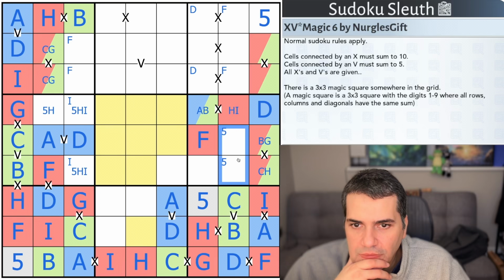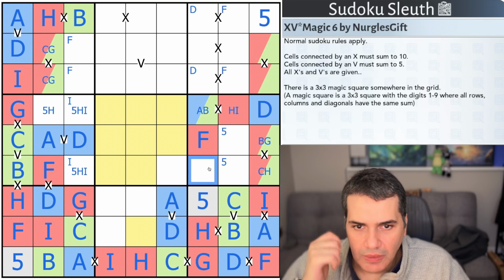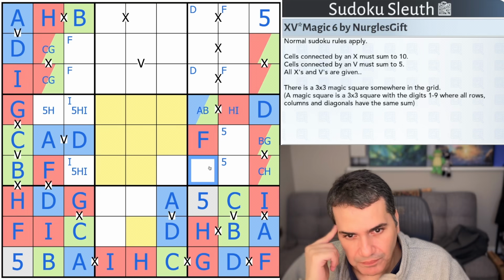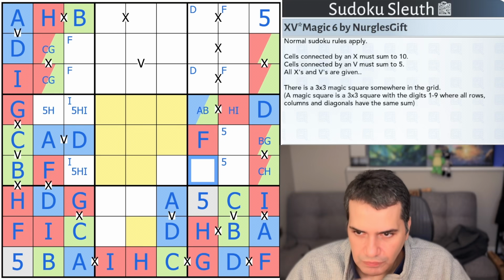It could be anywhere. There is no 5 here. So if this is a high digit, it's I. If it's a low digit, it's A. And can it be C? If it's C, that would be B and this would be A. Yeah, so this is a few options still.